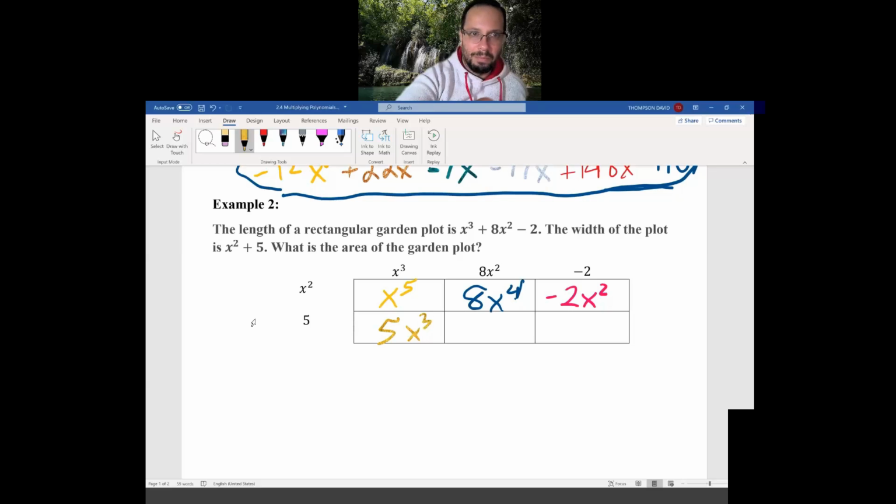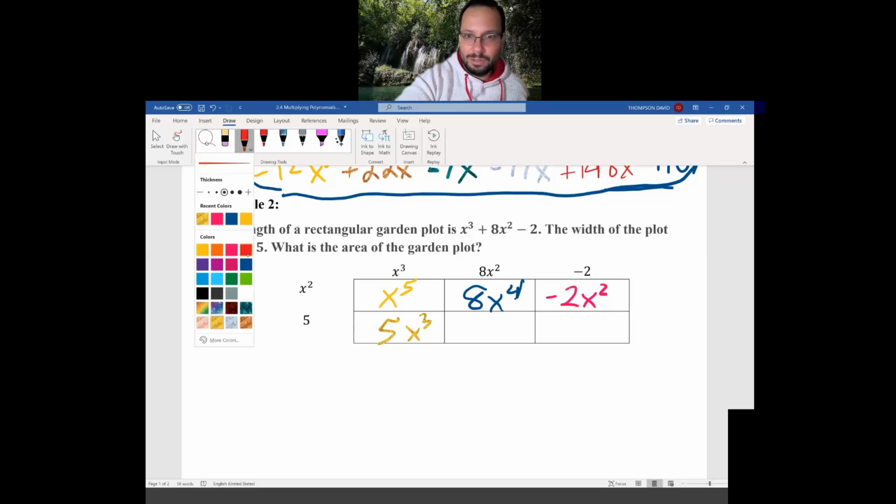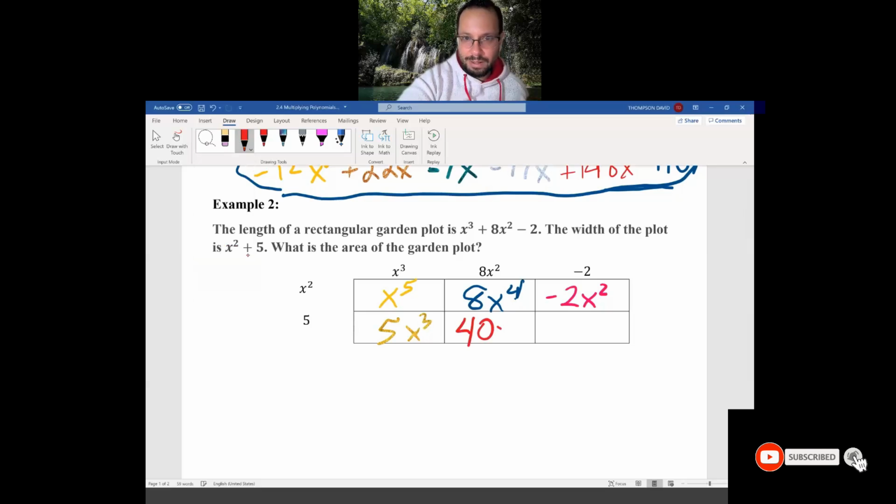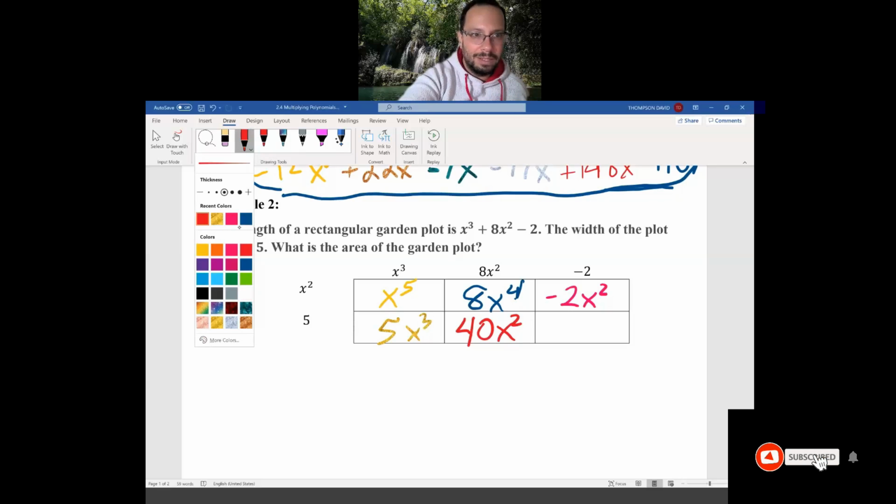So 5 times 8x squared, I do see one there. We'll use red. That's going to be 40x squared. And these two are like because they have the same exponent and same variable. And then 5 times negative 2, we'll write that all by itself. That's going to be, let's do that in green, negative 10.